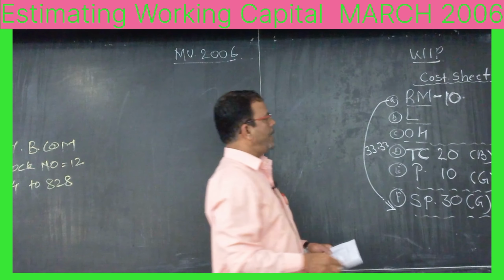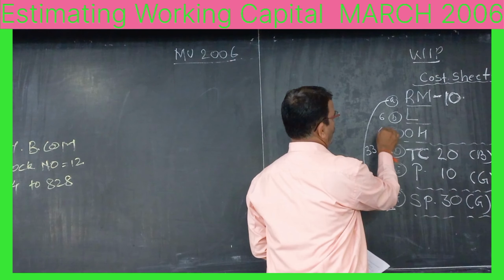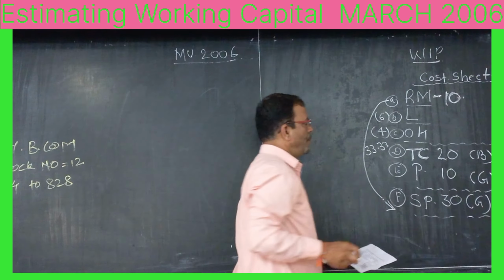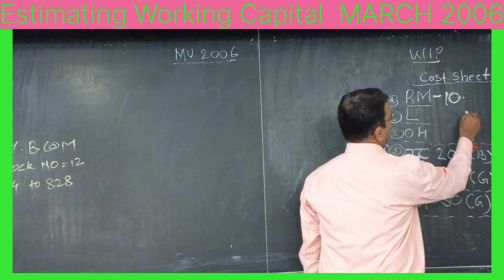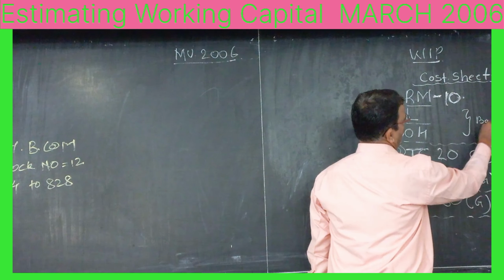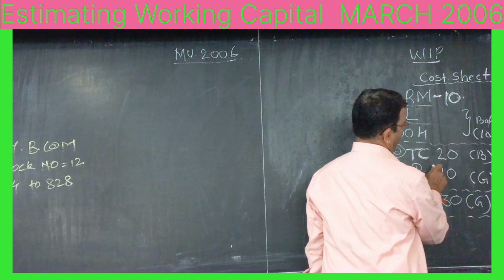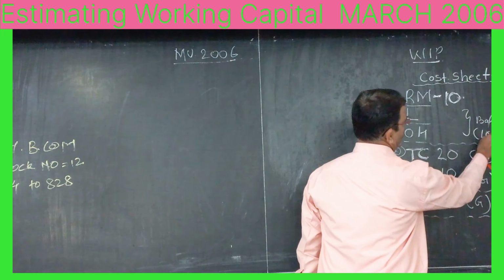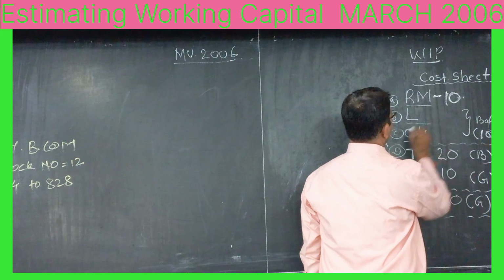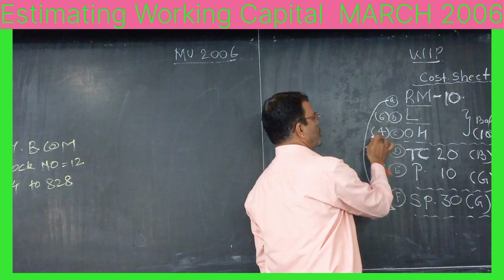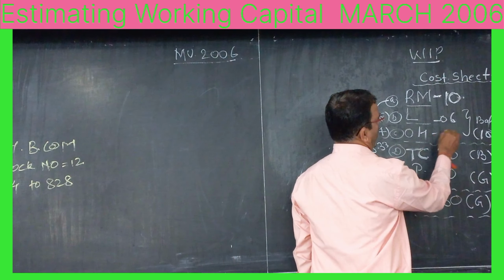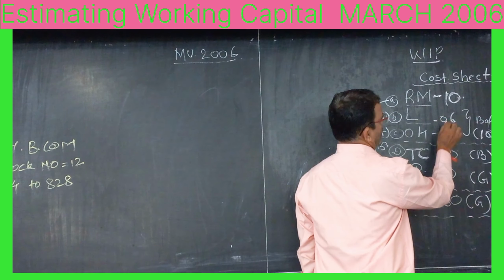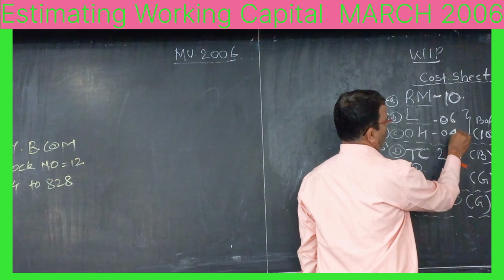Labor and overhead are in the ratio 6:4. Now 20 minus 10, the balance figure is 10. This 10 is divided between labor and overhead in the ratio of 6:4, so here we get 6 and here we get 4.